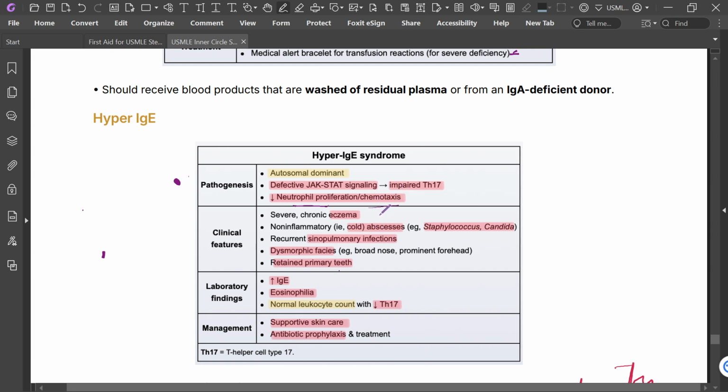There is eczema, cold abscess, sinopulmonary infection, dysmorphic faces, broad nose, prominent forehead, retained primary teeth. On lab, increased IgE, eosinophilia, low-normal leukocyte count with decreased T helper 17. Supportive care, antibiotic prophylaxis and treatment.